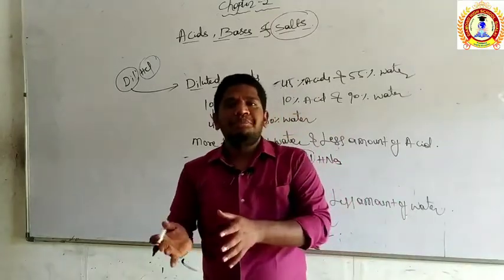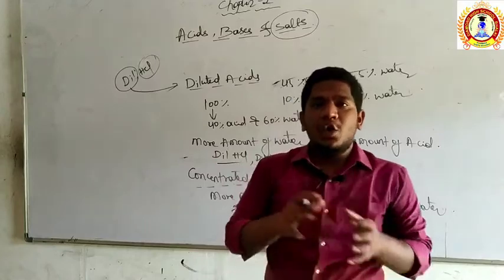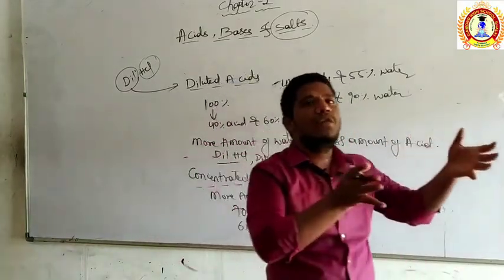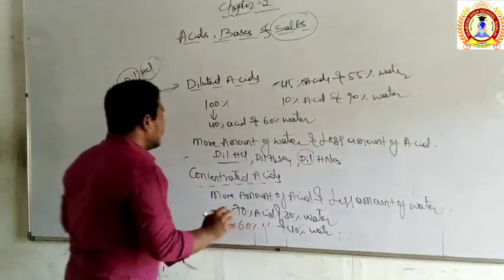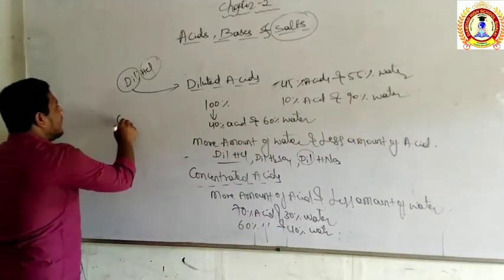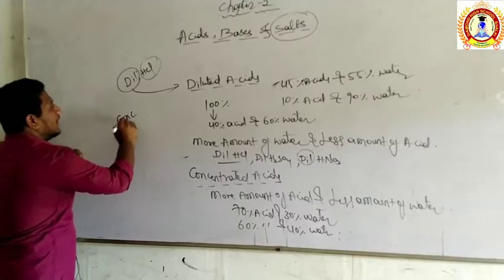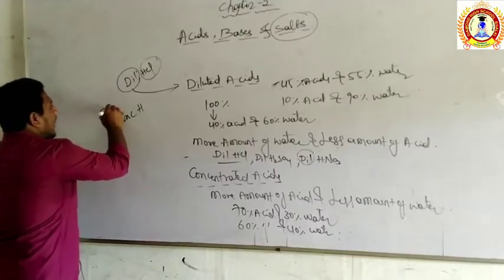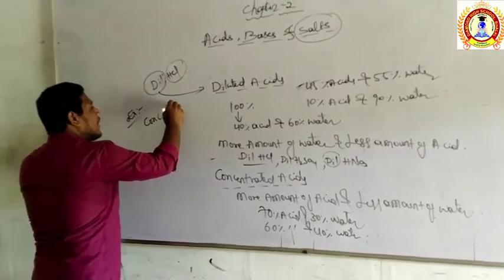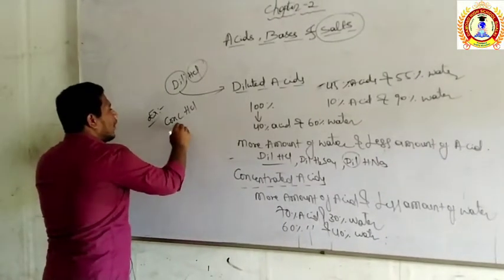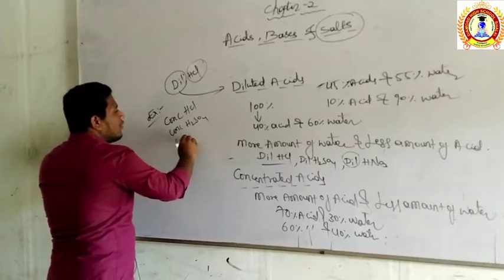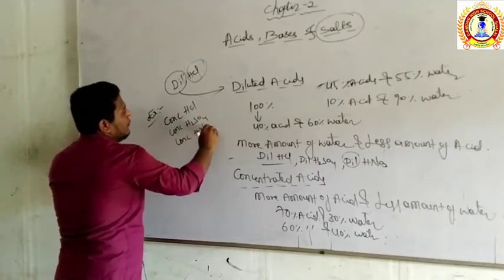In the reverse manner, in a concentrated acid, there is more acid and less water, and always the concentrated acids are represented in the lab in this form. Examples of concentrated acids are concentrated hydrochloric acid, concentrated sulfuric acid, and concentrated nitric acid.